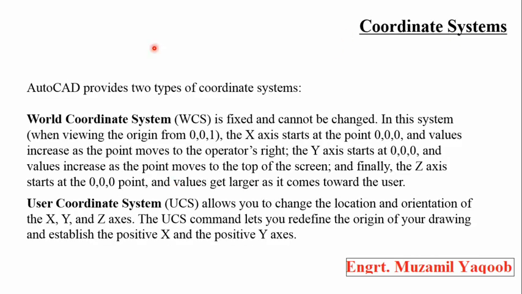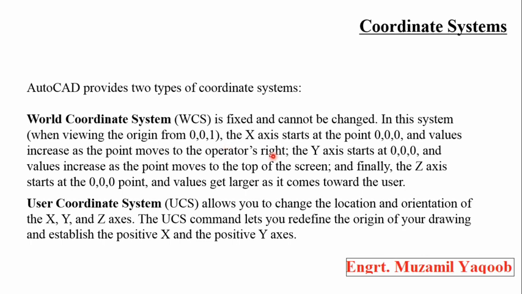Now let's discuss coordinate systems. AutoCAD provides us two types of coordinate systems. One is known as WCS or World Coordinate System, and another is known as UCS or User Coordinate System. Basically, WCS is fixed and cannot be changed. When viewing the origin from 0, 0, 1, the x-axis starts at the point 0,0,0 and values increase as the point moves to the operator's right.